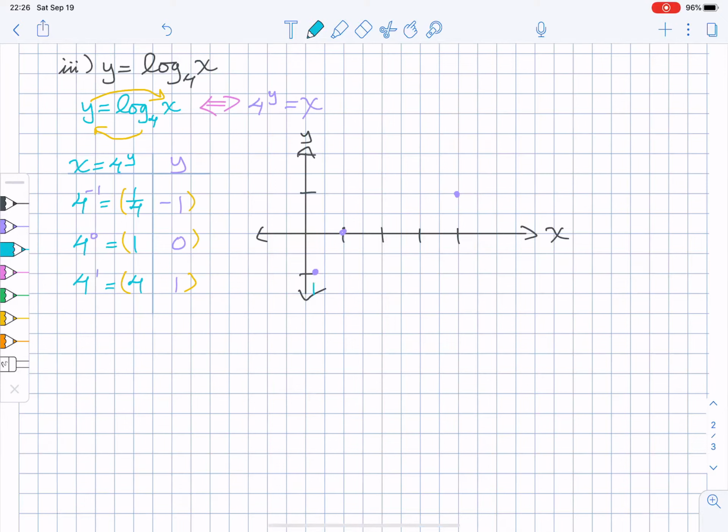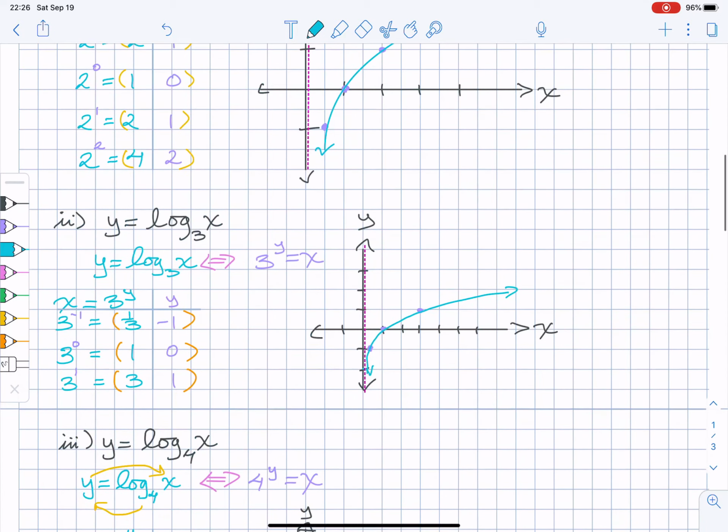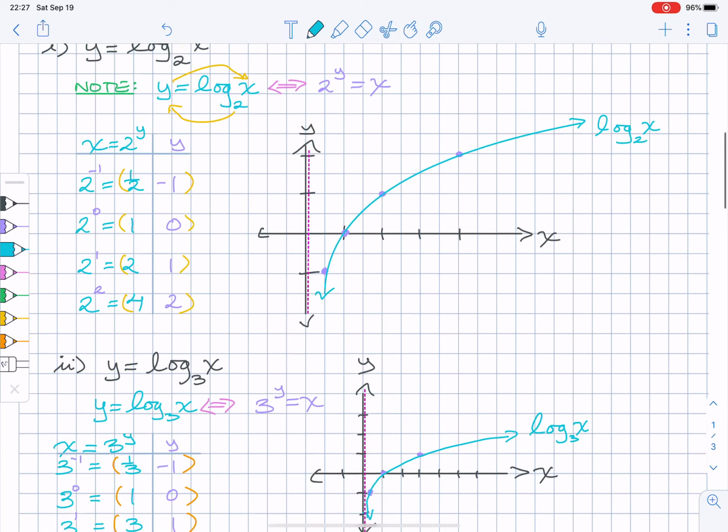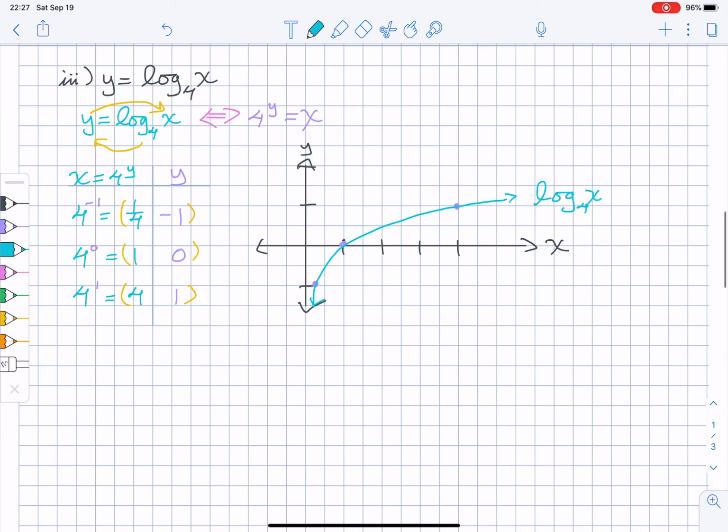So we have this logarithmic graph like so. Okay, so this is log base 4 of x, and the above graph was log base 3 of x. And we still have our vertical asymptote along the y-axis.